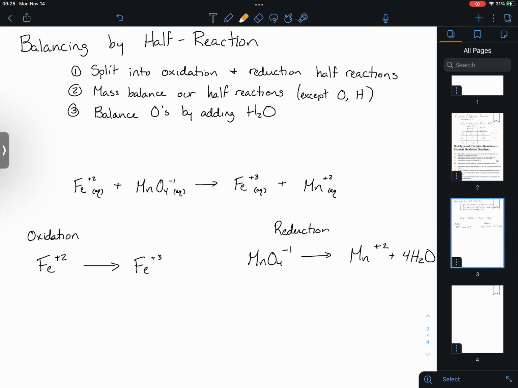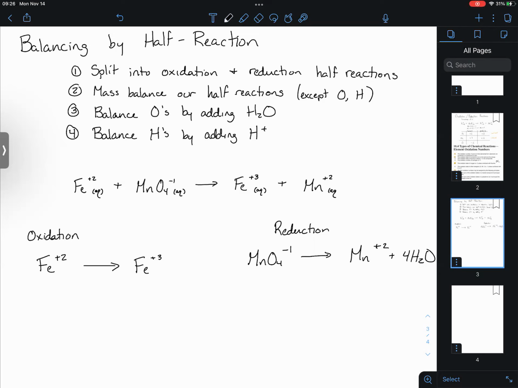Okay, great. Now I've balanced my oxygens, but I've also just introduced a new problem: now I have some hydrogens here that aren't on this side. So why would I do that? We're going to balance our oxygens by adding water, and then we're going to balance hydrogens by adding H+ ions.